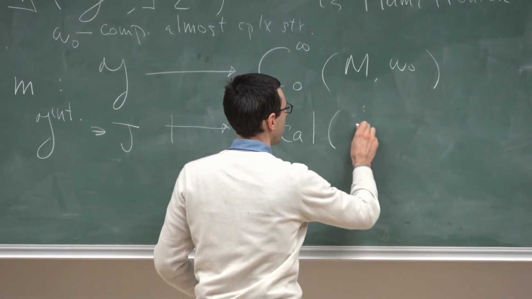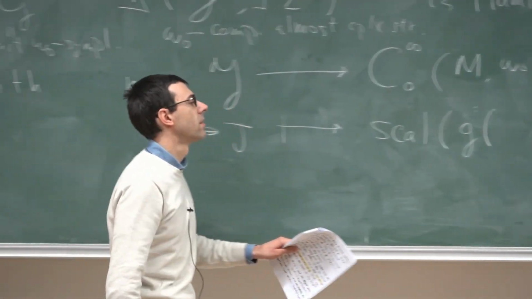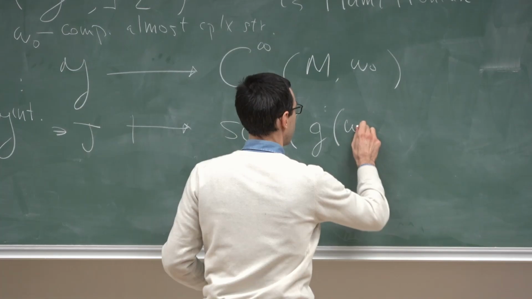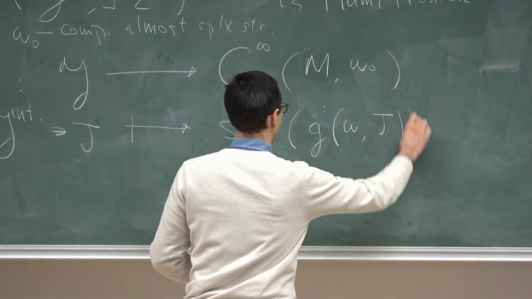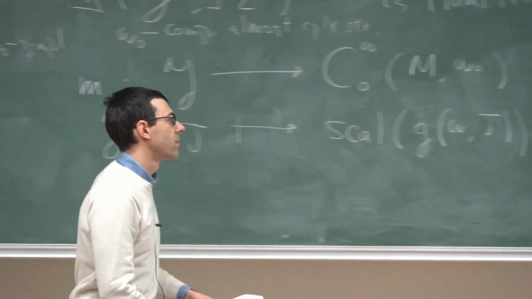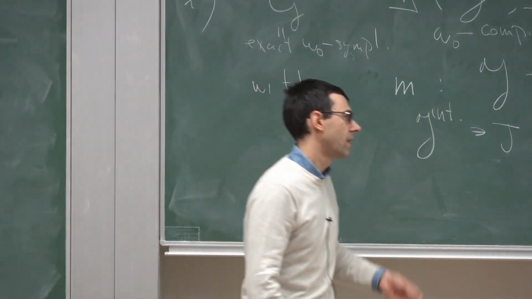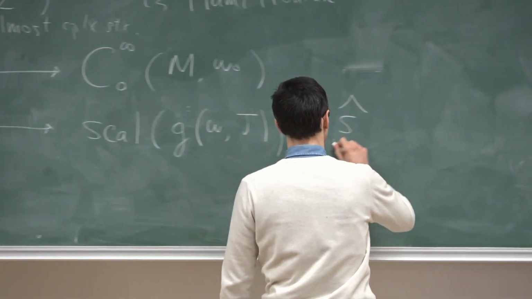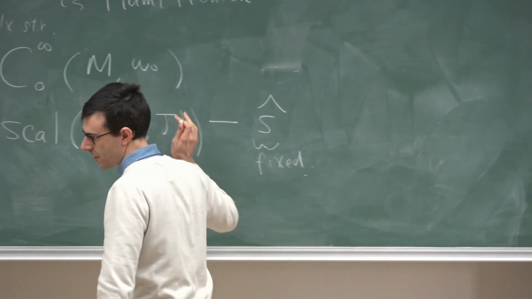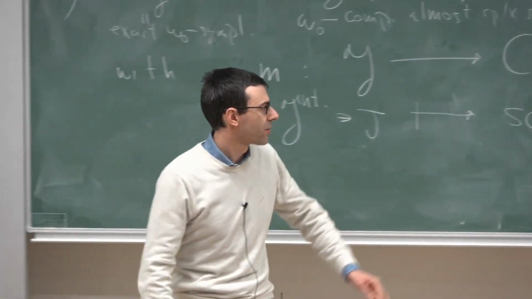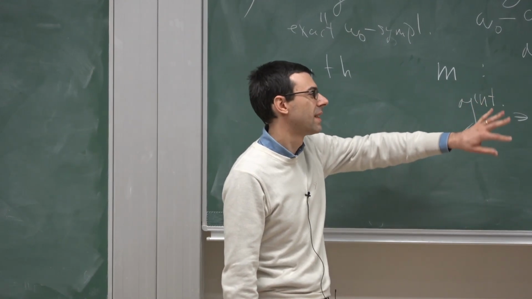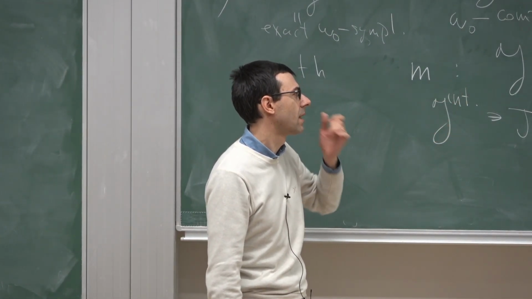So the scalar curvature of the Riemannian metric, which you get if you combine J and omega, minus its average with respect to omega naught, which is fixed. Now, of course, you can choose this constant as you like, but this is the only constant for which the zero locus of the moment map is potentially non-empty. If you integrate, you see that.